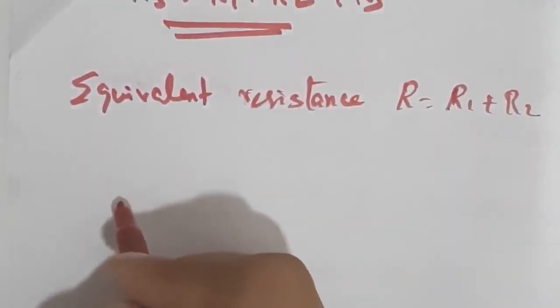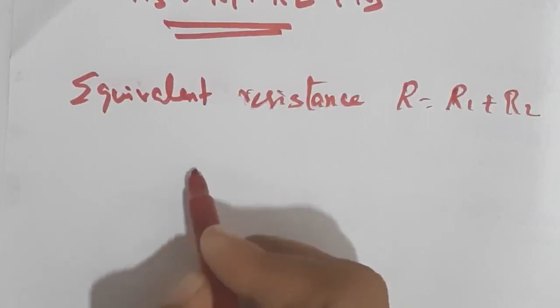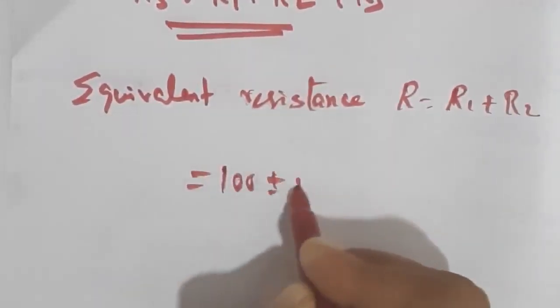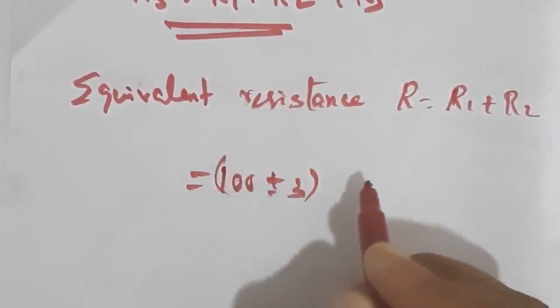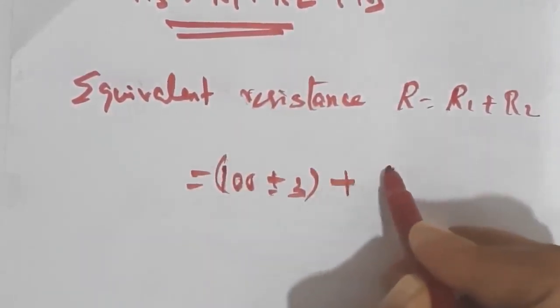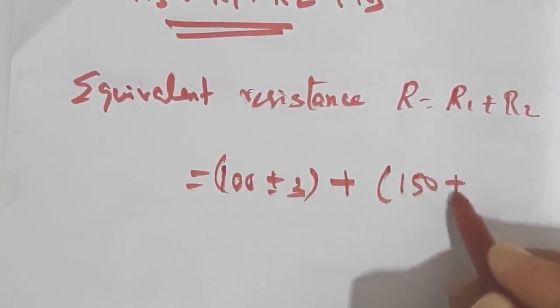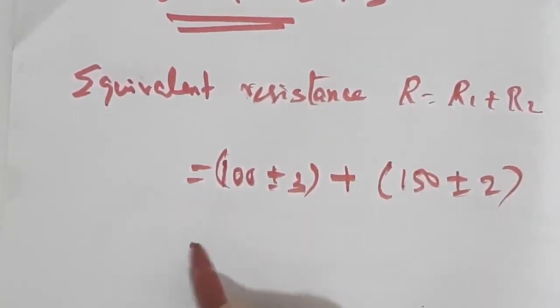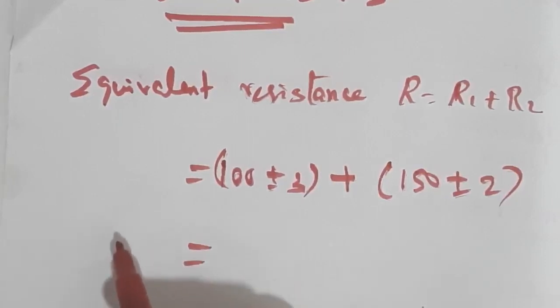So I can write R1 is nothing but 100 plus or minus 3, plus R2 is 150 plus or minus 2. This was given. So what is the formula for delta Z?